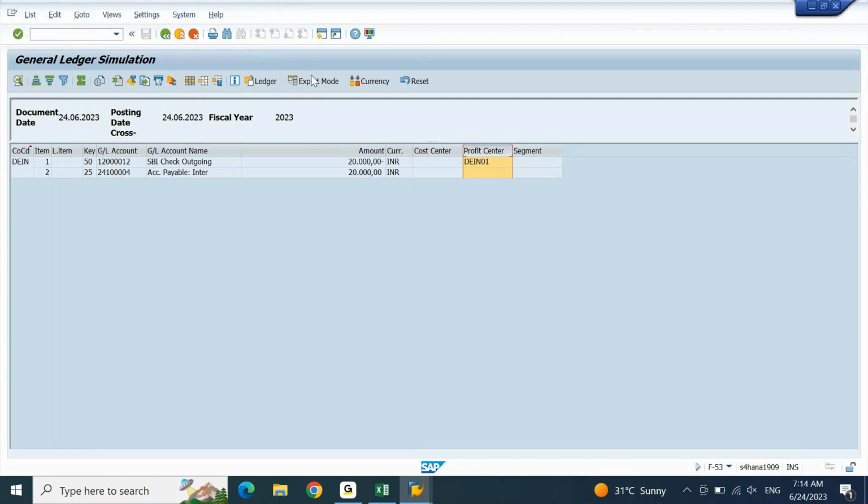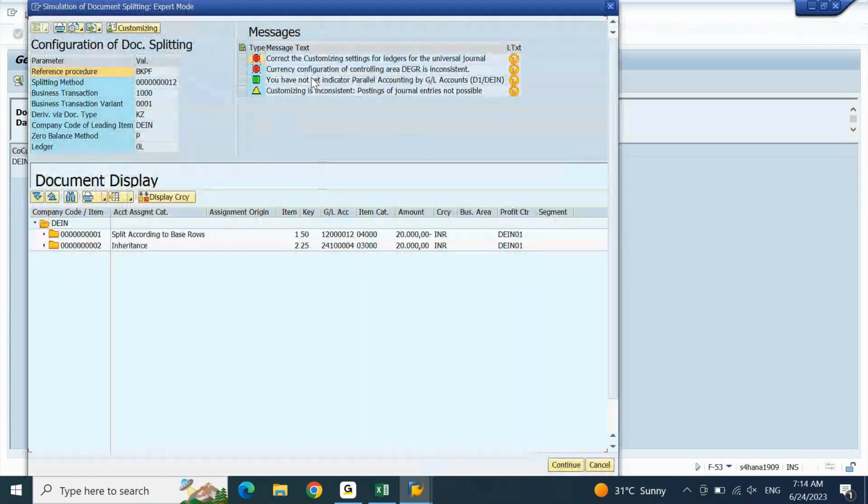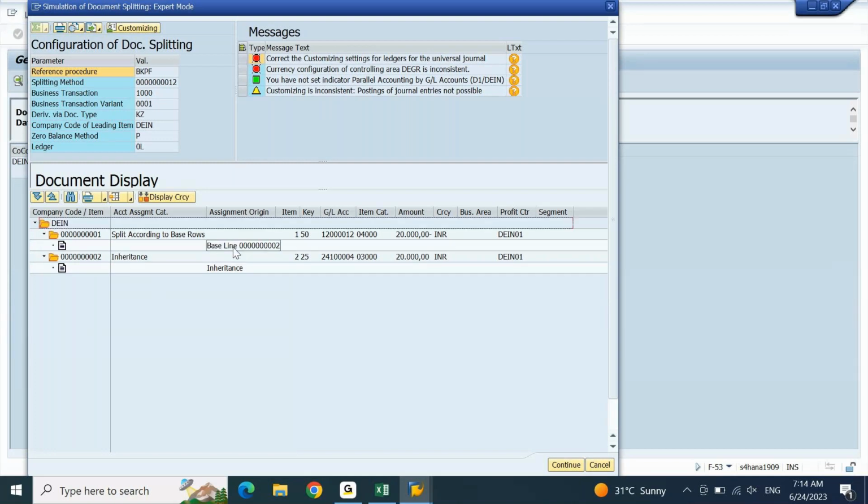Let us go to expert mode and verify this. Inheritance it is not taking, base line item it is taking, but it is not displaying this here.